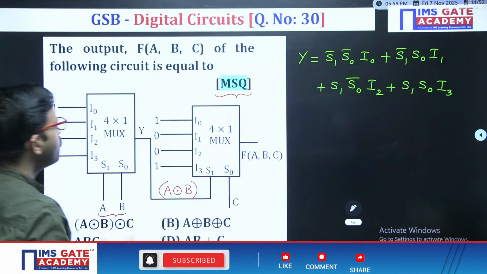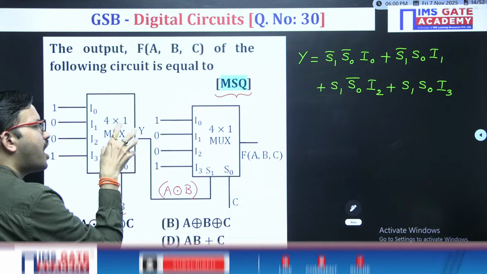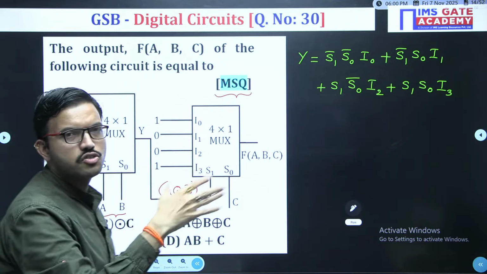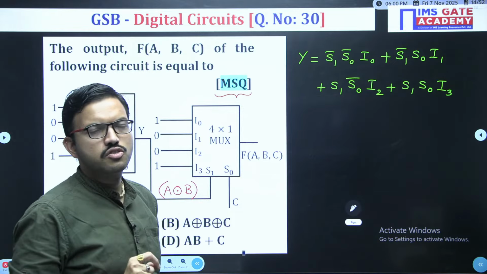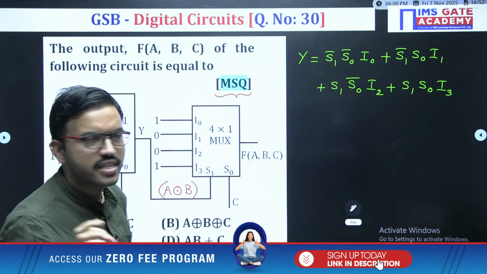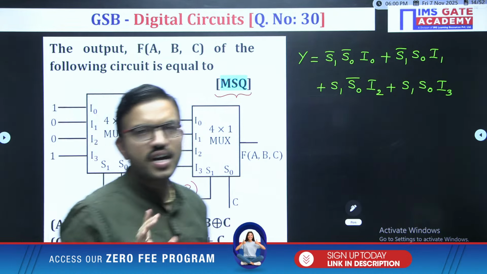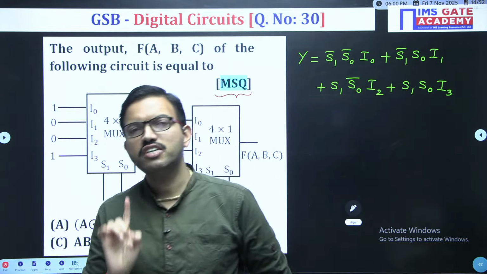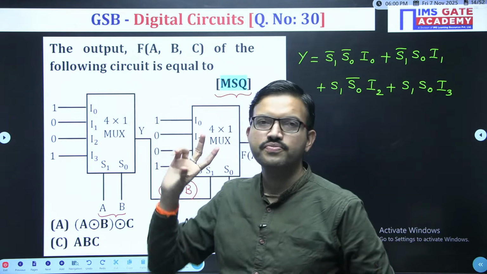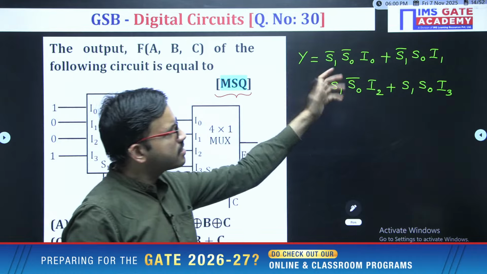I have written the standard equation just for understanding. But whenever you have multiple muxes in the given circuit, you have to get the simplified expression stage by stage and then proceed. While solving a question in the GATE exam, no need to write the complete equation. Rather, for whichever input lines have non-zero values, consider the respective selection terms.